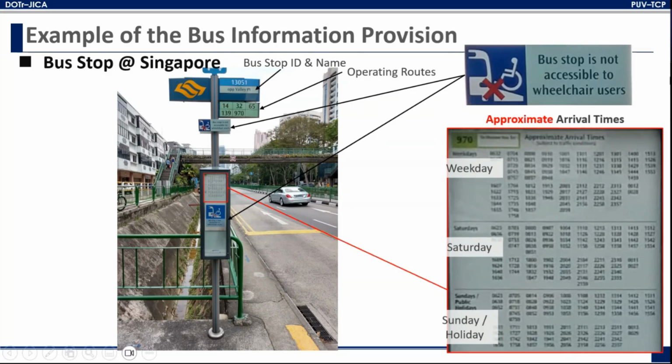For example, this bus stop is not accessible for wheelchairs, and detailed timetables, including approximate arrival times, are also mentioned.